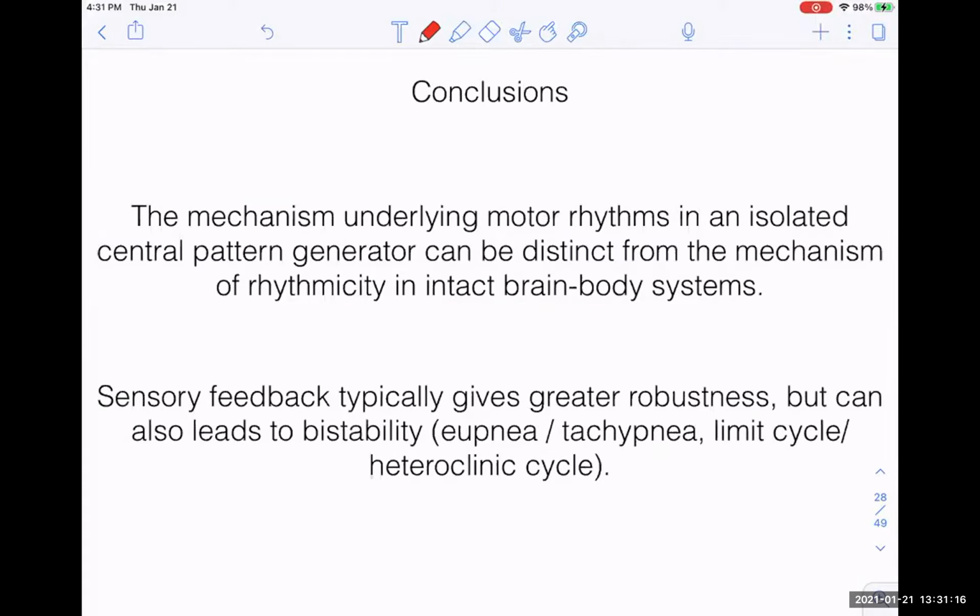So the model is deliberately very simple, only 7 dynamical variables. The only parameter that really has to do with the interaction of the cardiorespiratory system with the rest of the body is this parameter M, which is the metabolic demand.